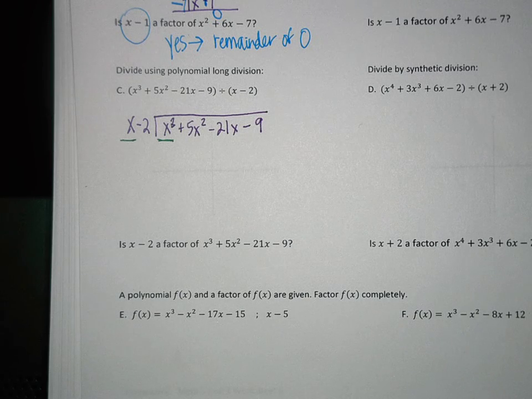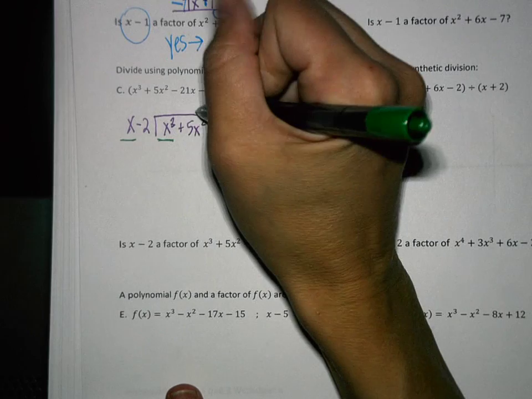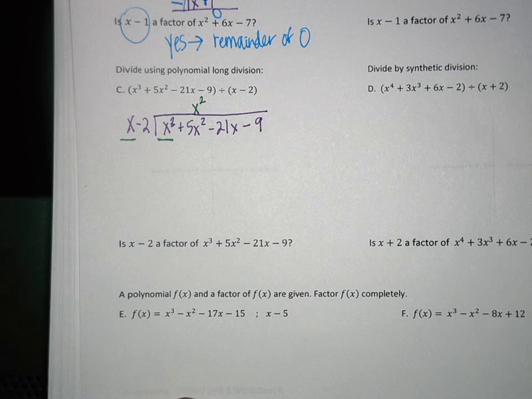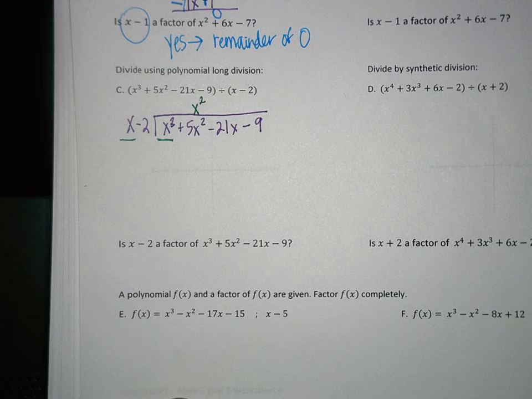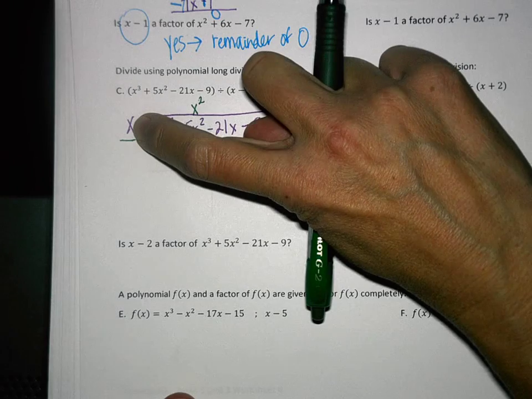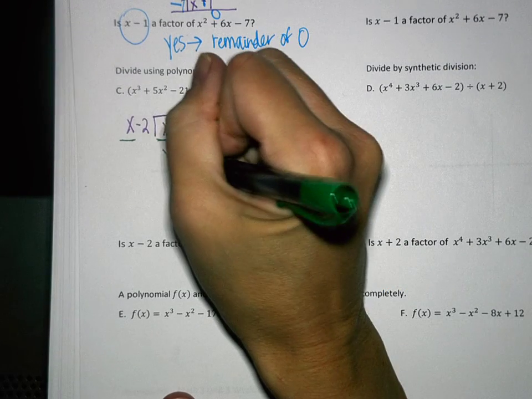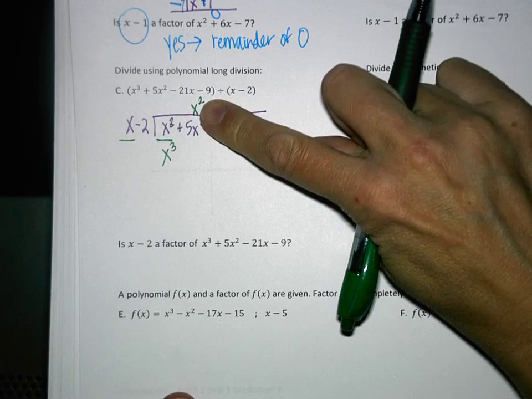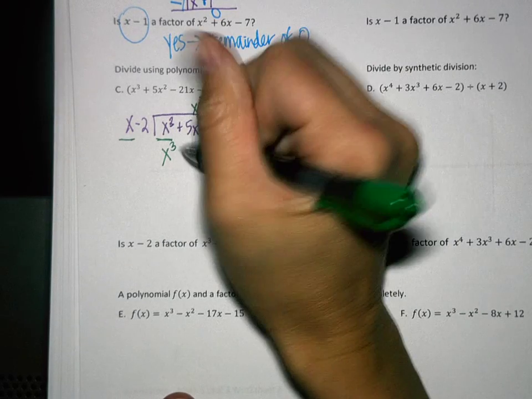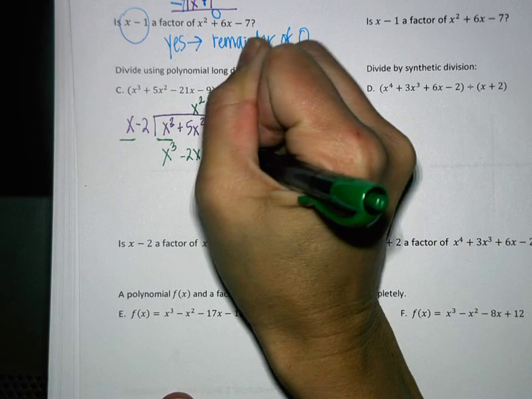So I'm going to line that up over my x squared term. Who remembers what my next step is? Very good, multiply. And so we go x squared times x, which is x cubed. And x squared times negative 2 is negative 2x squared. Very good.